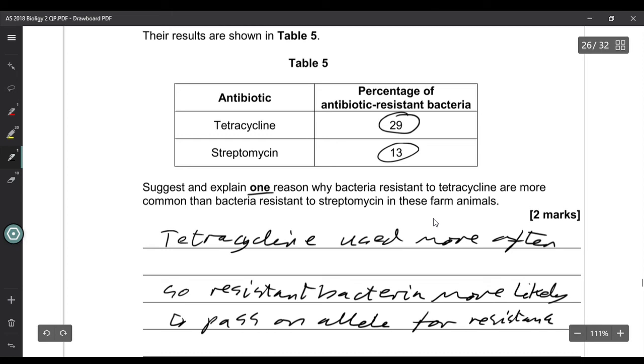So again, it's not enough just to say it's because tetracycline is used more often. We've got to explain why there's a high percentage, i.e. there's going to be a high percentage with that resistance allele.